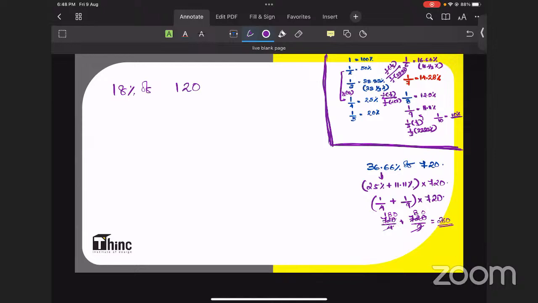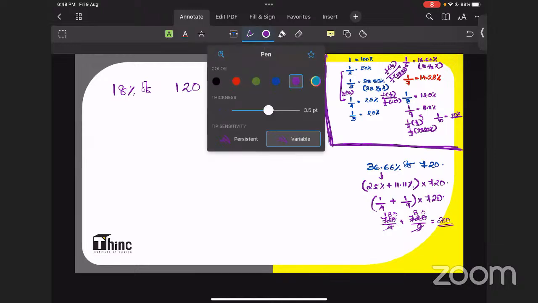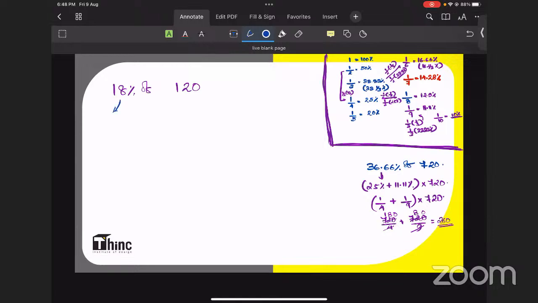How will you do this? We can write 18% as 20% minus 2% of 120. 20% means double of 10%, and 10% is 12.